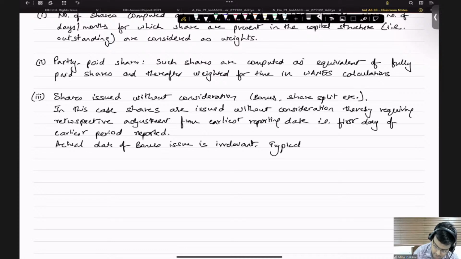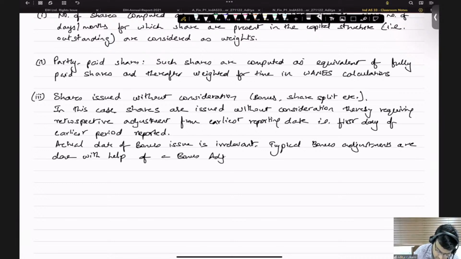Typically, bonus adjustments are done with the help of a bonus adjustment factor.